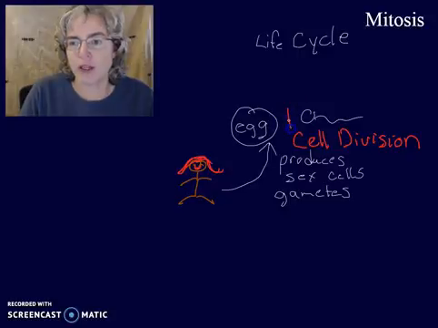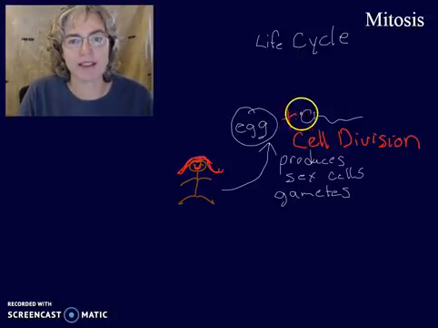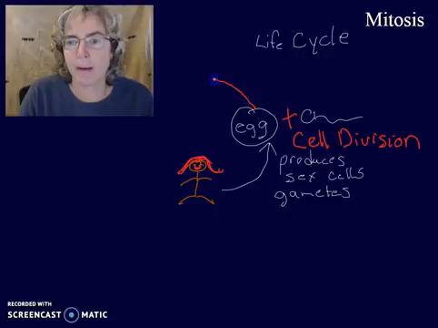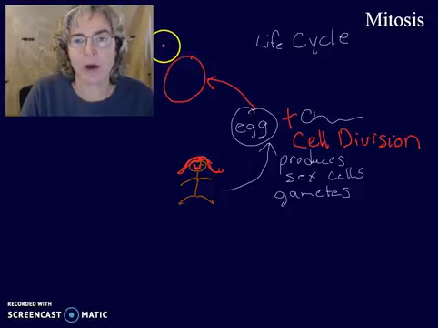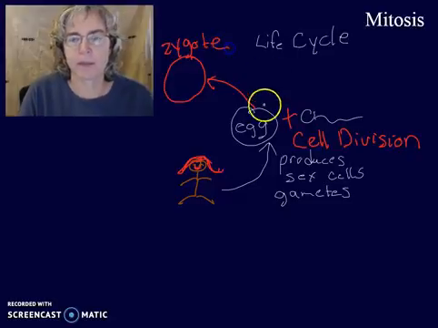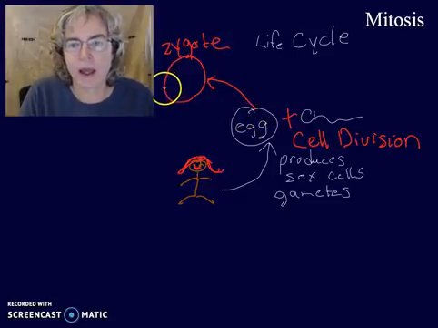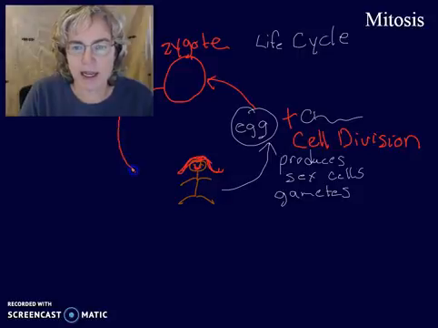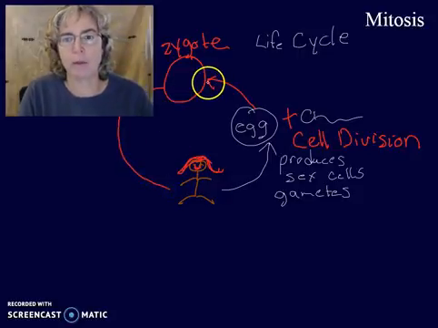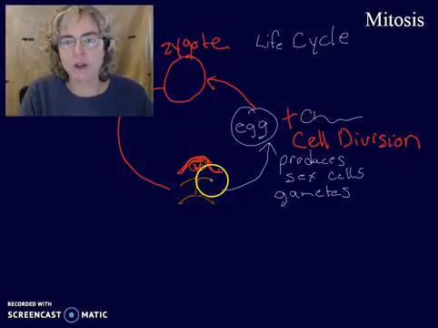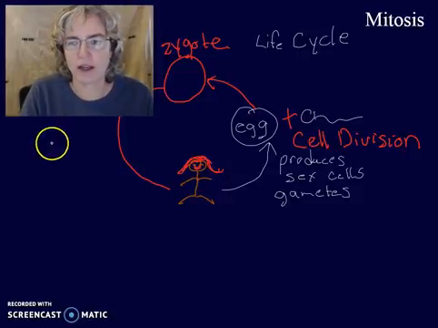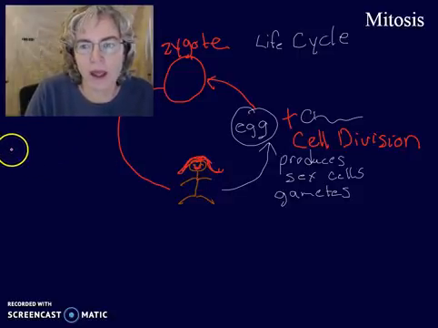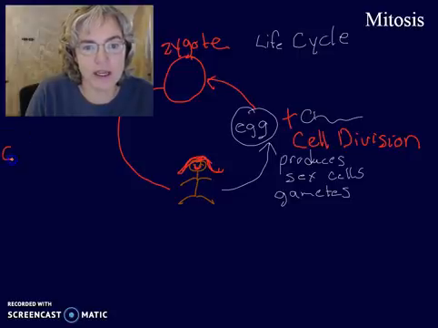Then the combination of two gametes, an egg and a sperm, leads to a zygote. Then the process of going from a zygote to a multicellular organism like a human adult is also cell division.